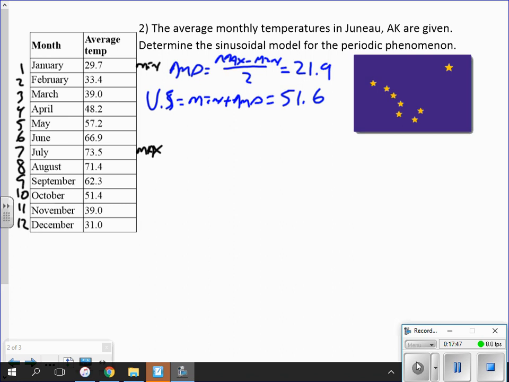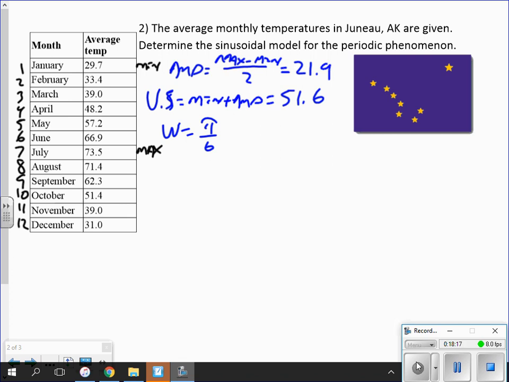Our period change is still the same because we're still 12 months. So W is still pi over 6. Same reason, it doesn't make any difference. We already figured that one out exactly. Our phase shift is a little different on these ones. Because on the previous one, our maximum took place at 6.